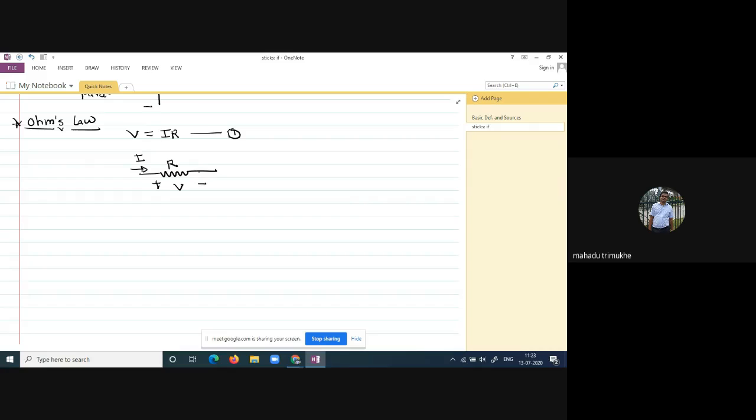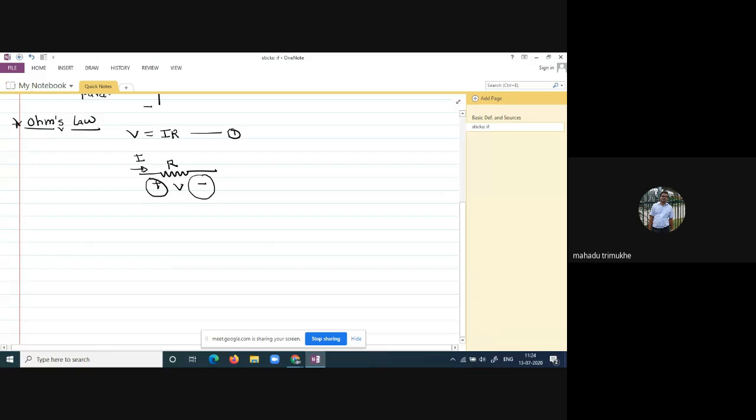Here what you are seeing is that the left terminal carries positive potential, and the right terminal carries negative potential, right?